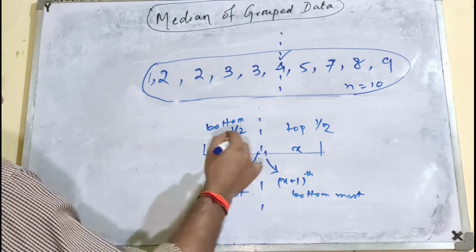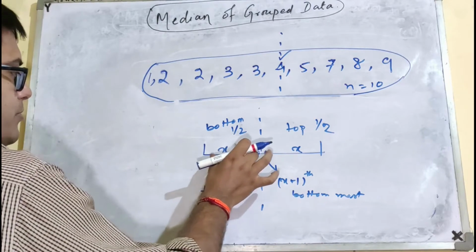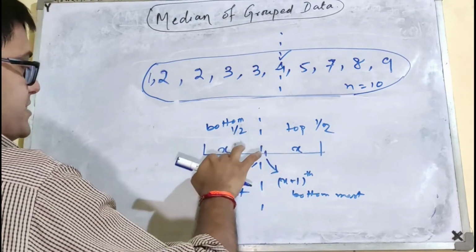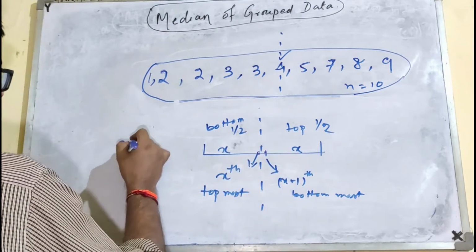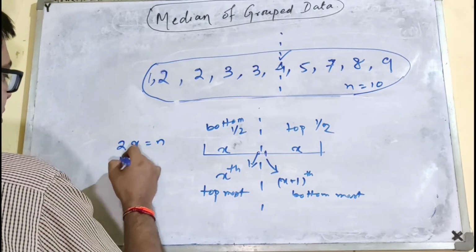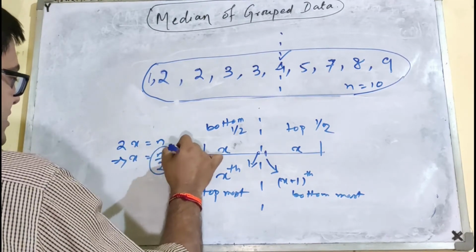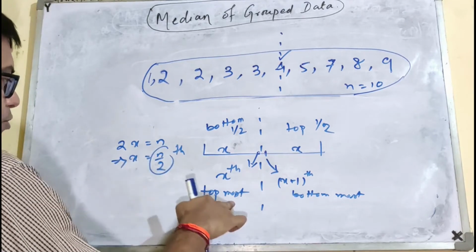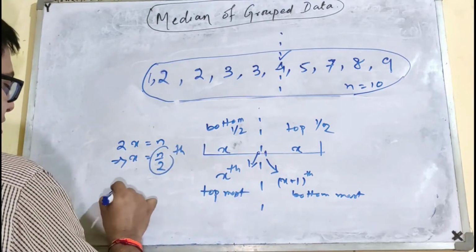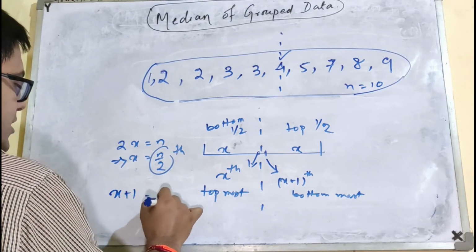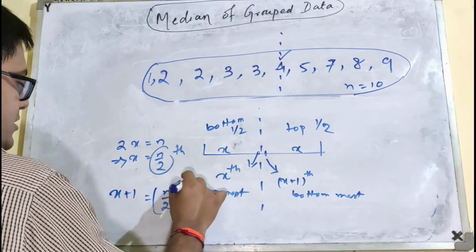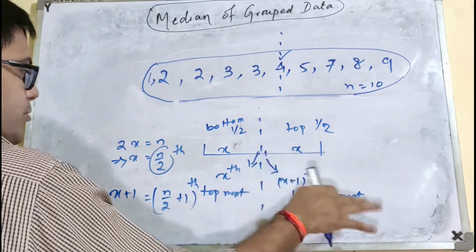How? Because we know that the total number of points is n, which is basically x plus x. So 2x is n, so x is n by 2. That gives you the topmost point of the bottom half. Then for the x plus 1, you have n by 2 plus 1 point. That gives you the bottommost of the top half.